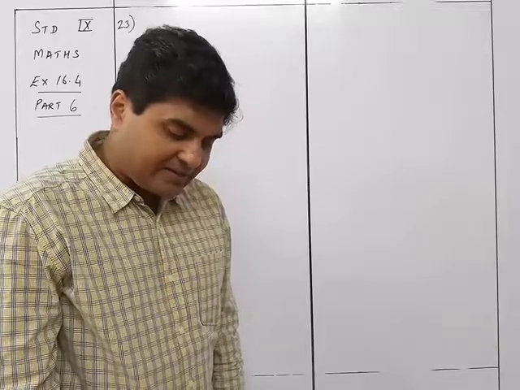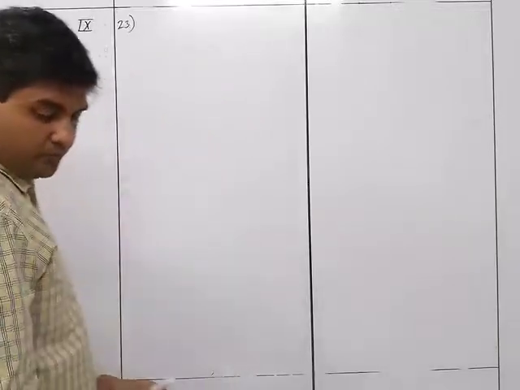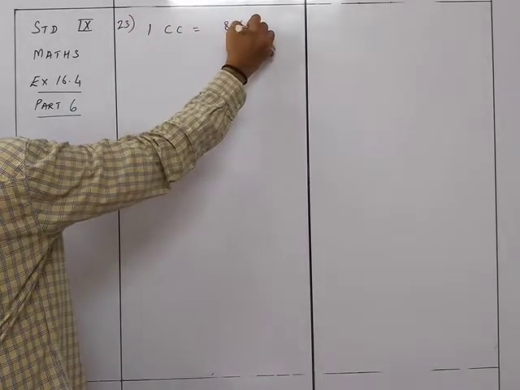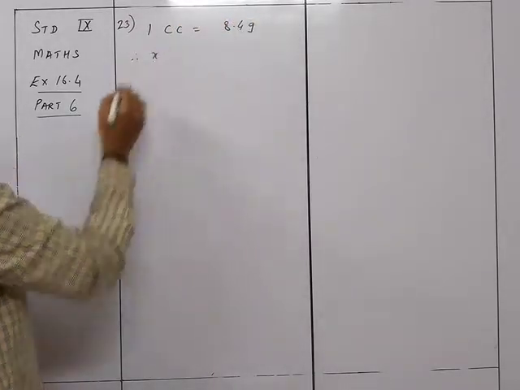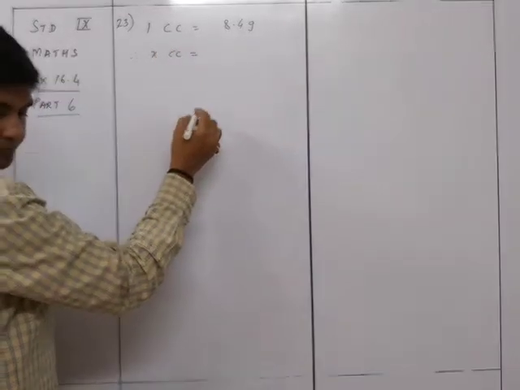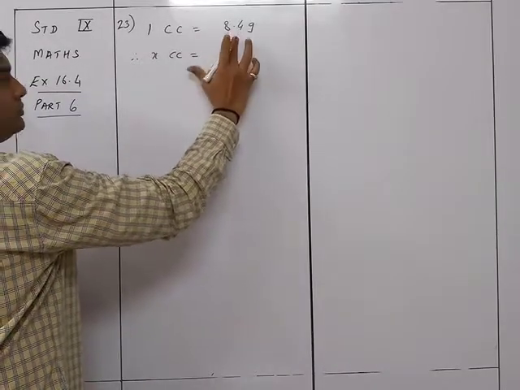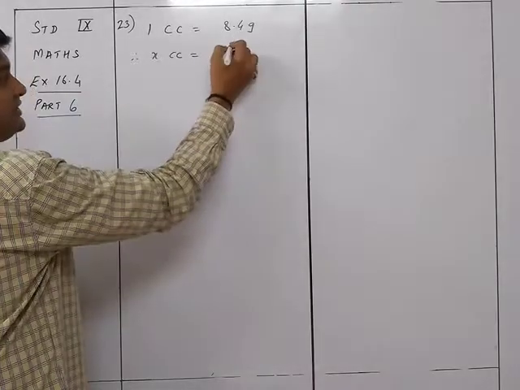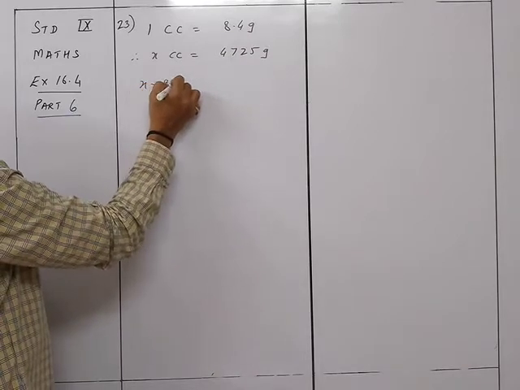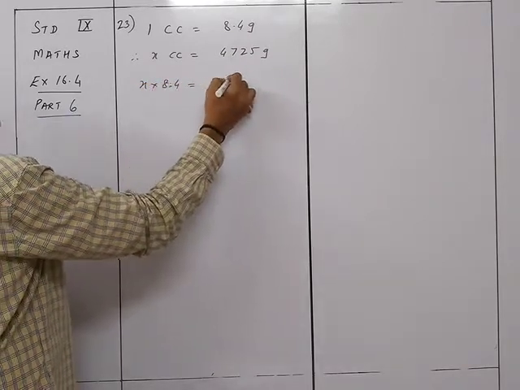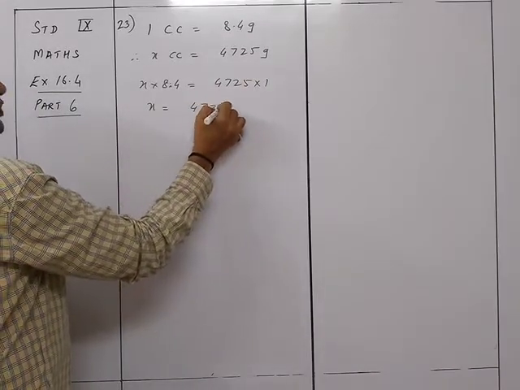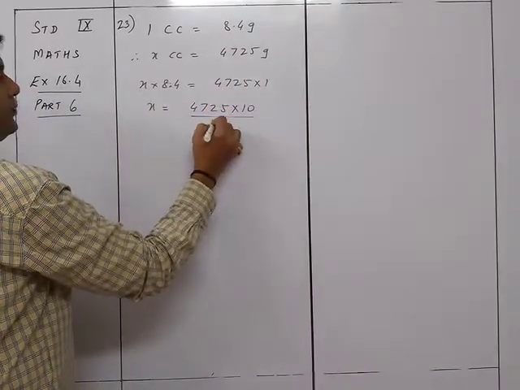If 1 cc of brass is 8.4 grams, find the value of x. So 1 cc is equal to 8.4 grams. Therefore, how many cc? x cc is equal to 4725 grams. So x into 8.4 is equal to 4725 into 1. So x is equal to 4725 into 10 upon 84.